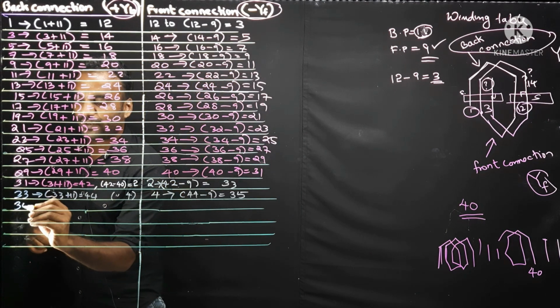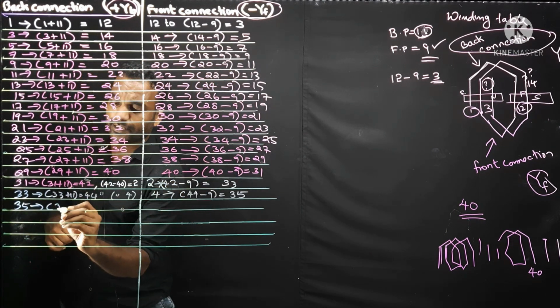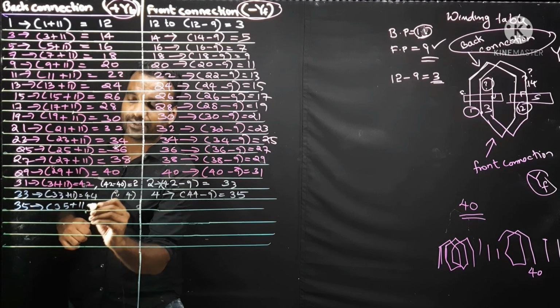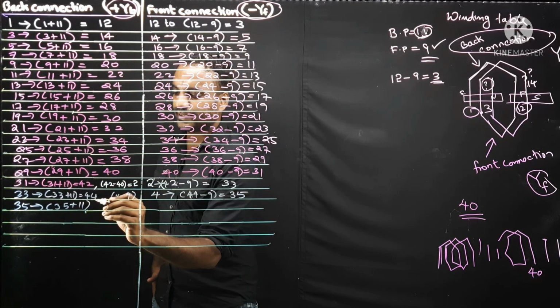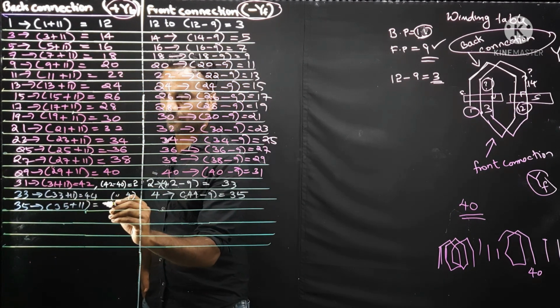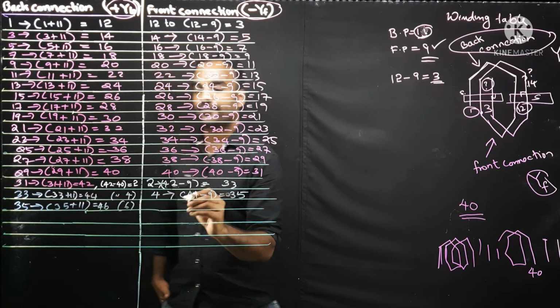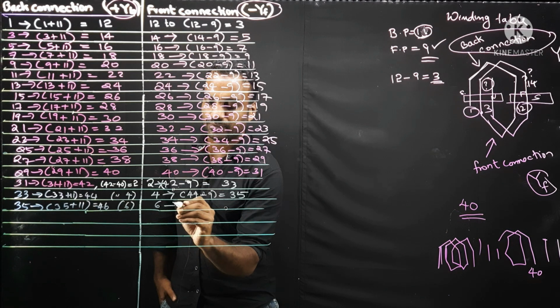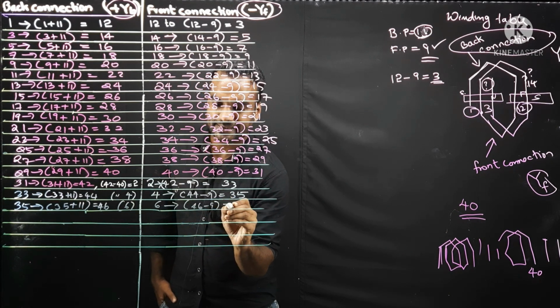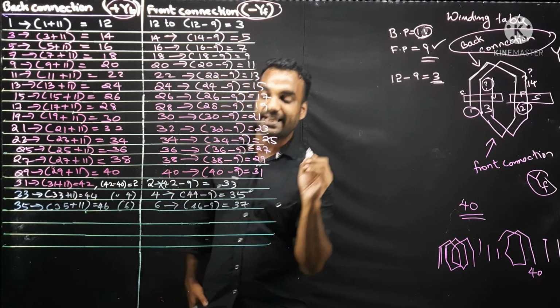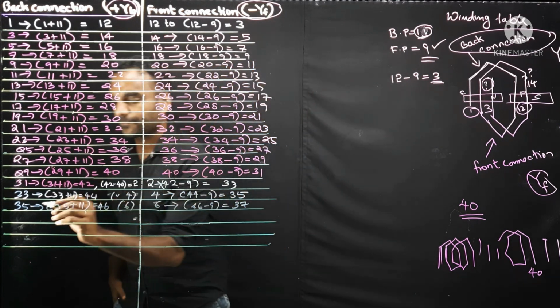Now from 35, 35 plus 11, that is 46, which is nothing but 6 itself, and from 6, 46 minus 9, that is 37. Is it okay? Yes.